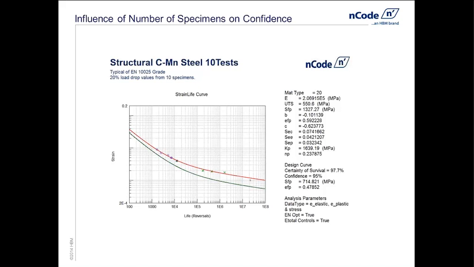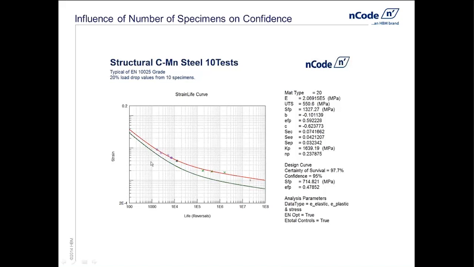And so we have the ability, looking at the scatter, to shift the curve down. We're always looking at a high certainty of survival, so we're always shifting the curve down based on that scatter level. But there's a second issue with this as well. The curve that we're going to look to create is a screen curve. We call that the design curve.